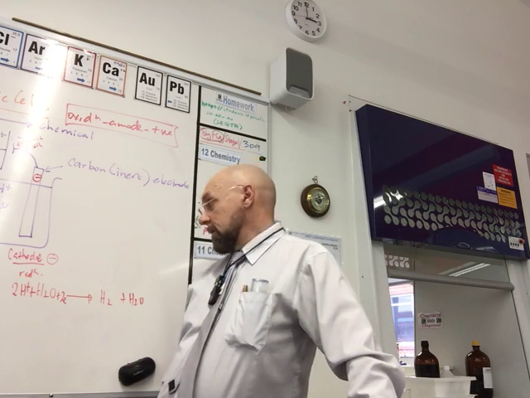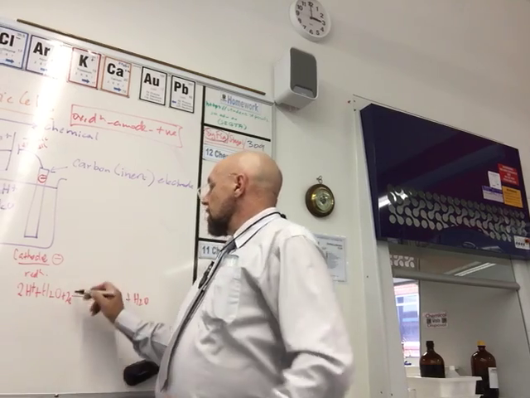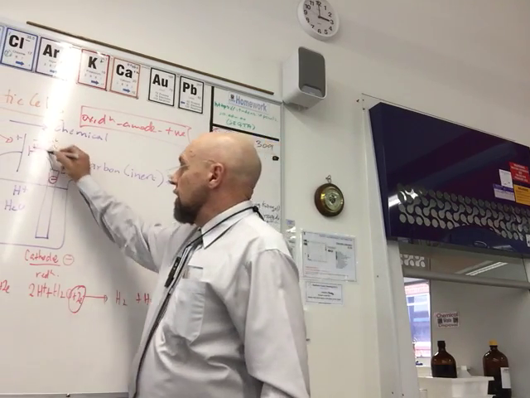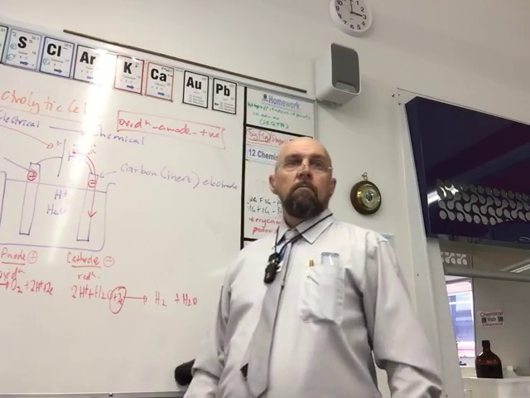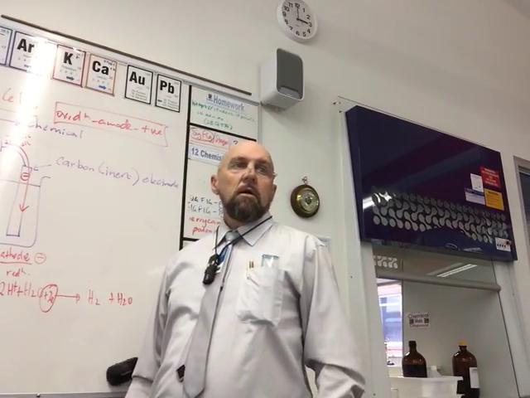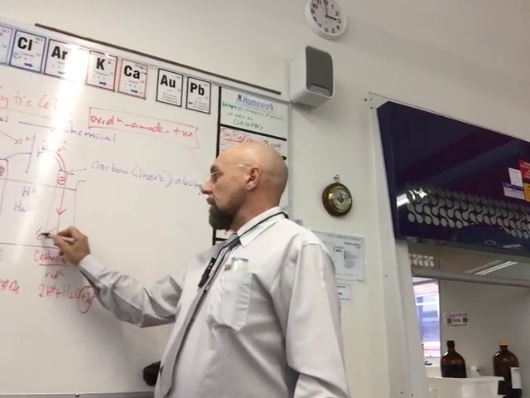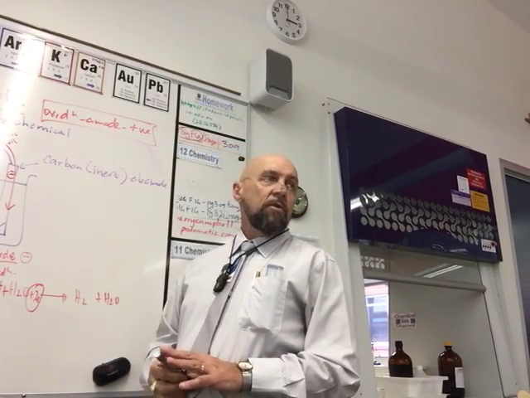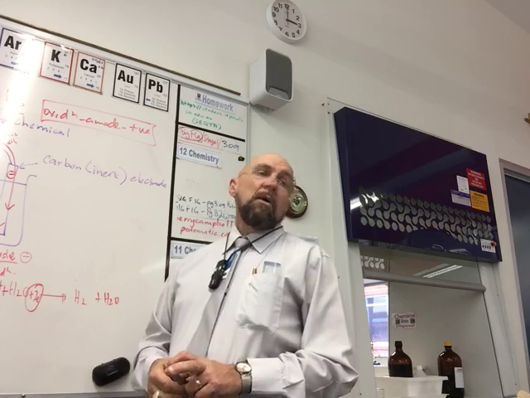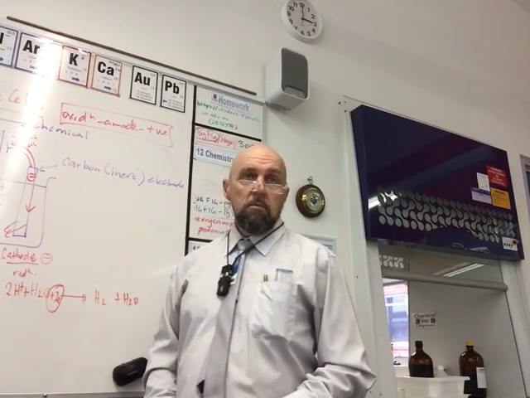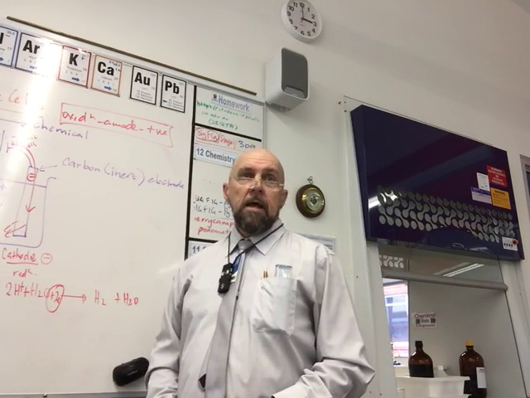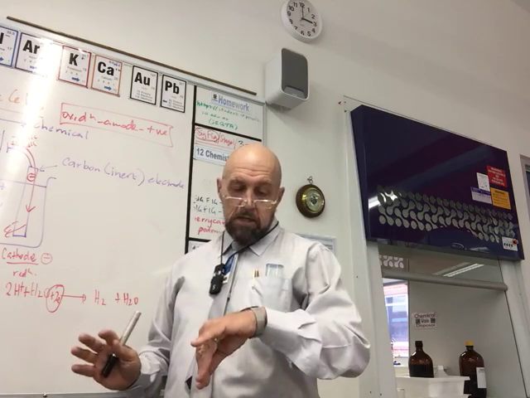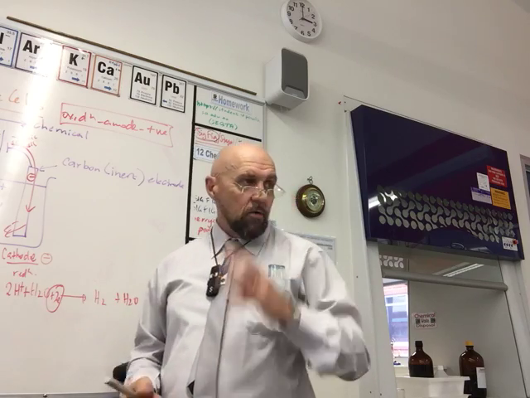Clockwise. Here's our reaction, look, plus electrons. So yes, they're going in this direction. It's the negative side of a battery. That means electrons are going like there in order to react. Well, they're not going into solution, but they're on the surface of that electrode because it's hooked up with the negative side electrode.